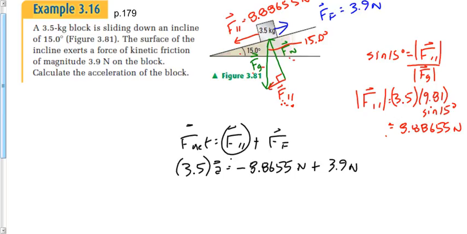And when I do that, I should get negative 1.42 meters per second squared.